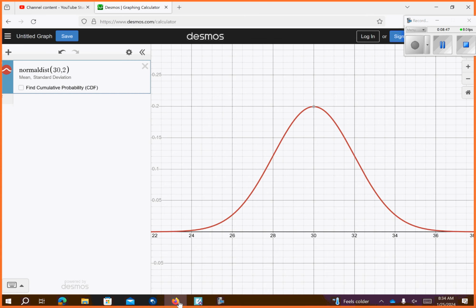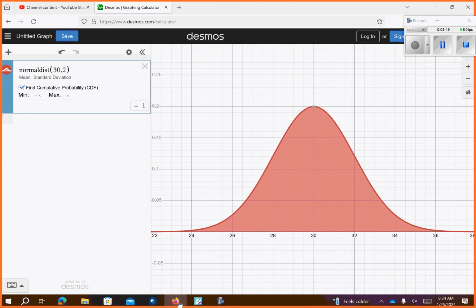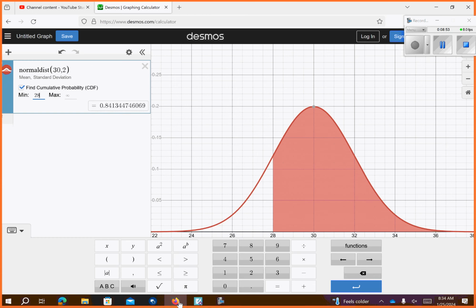All right. So they want us to figure this out between 28 and 32. Theoretically, and we can't hang our hats on this, but if we did this and we're just doing the math, we have about a 68.3% chance that this would have happened.